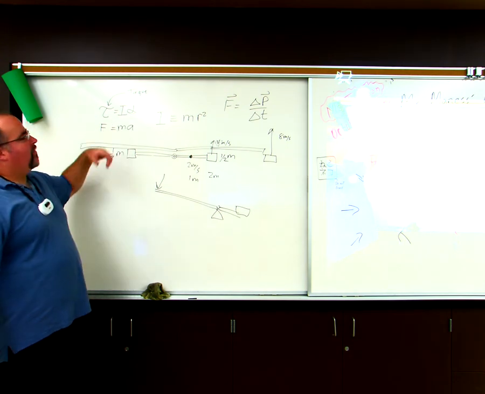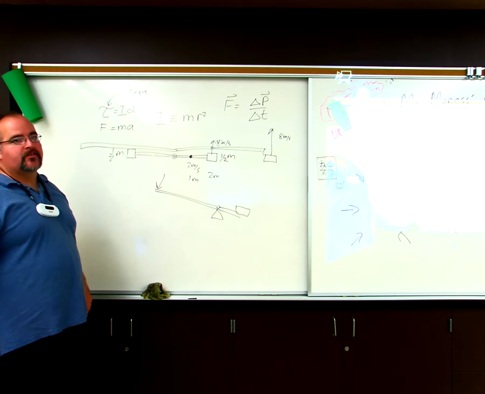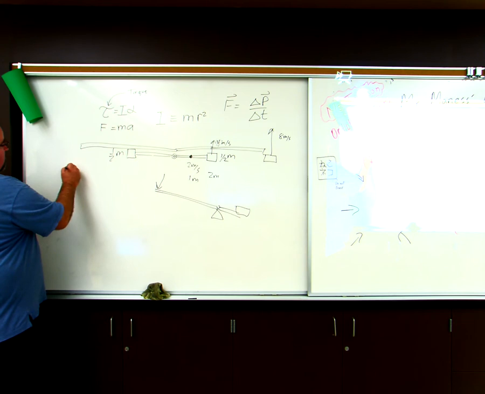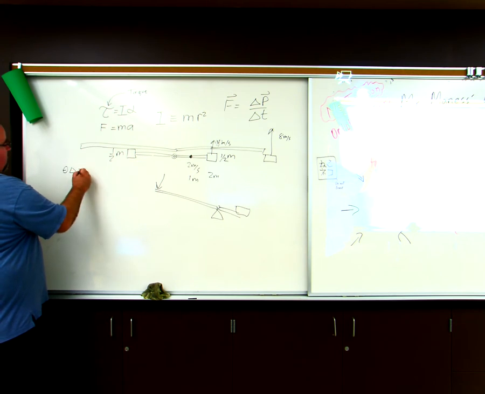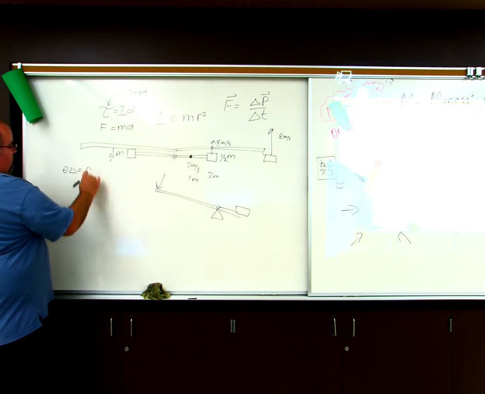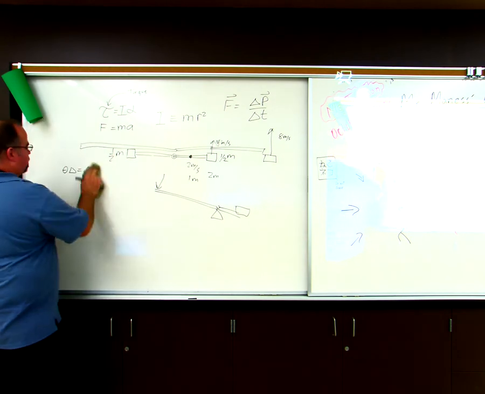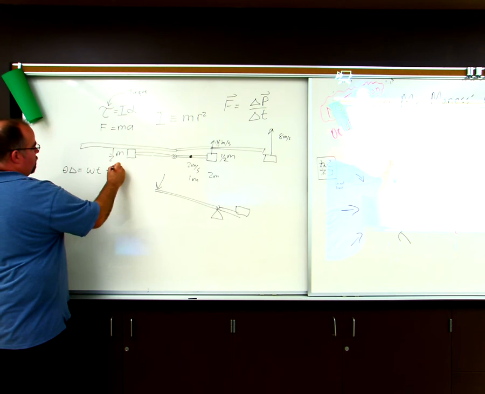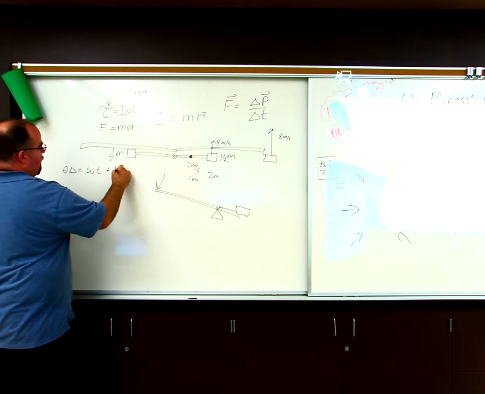And guess what? All the canonical equations apply. So delta theta equals omega times time plus 1/2 alpha t squared.